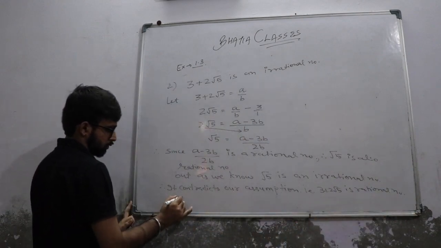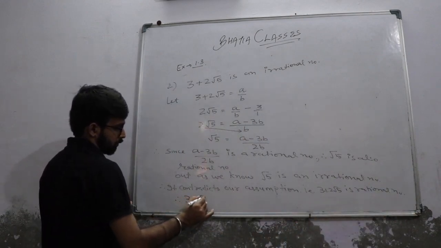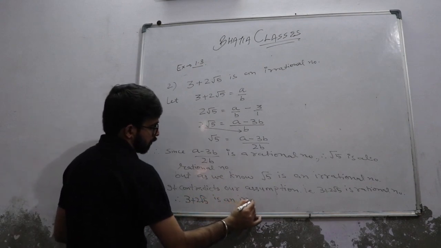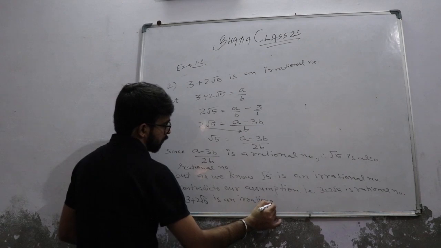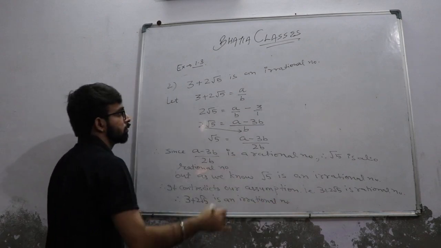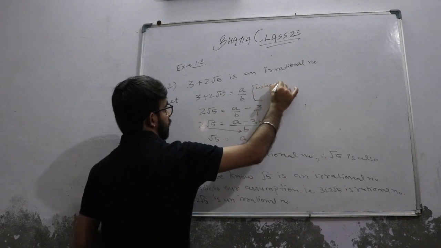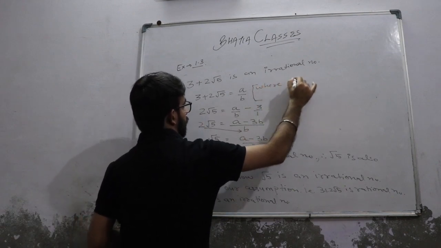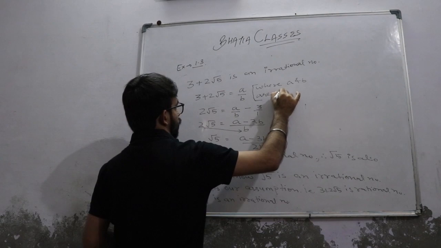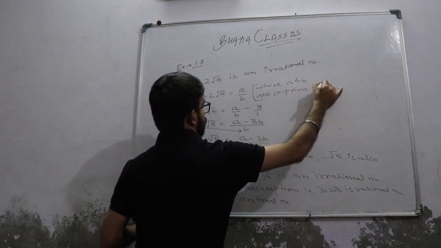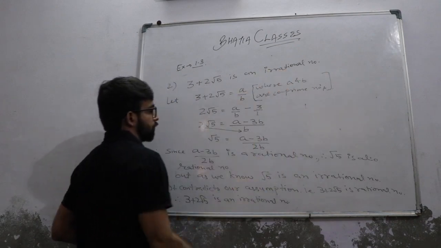Therefore, it is proved that 3 plus 2 root 5 is an irrational number. You can write here the same thing as you have written in the first sum, where a and b are co-prime numbers.